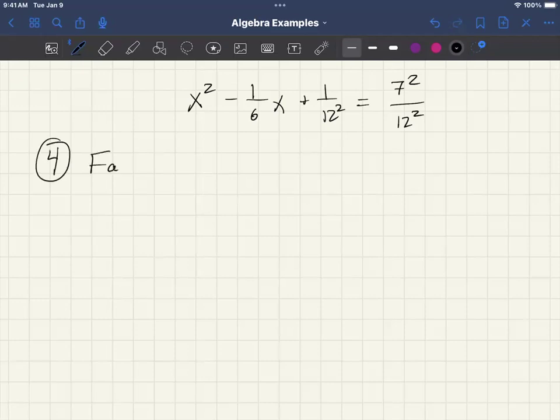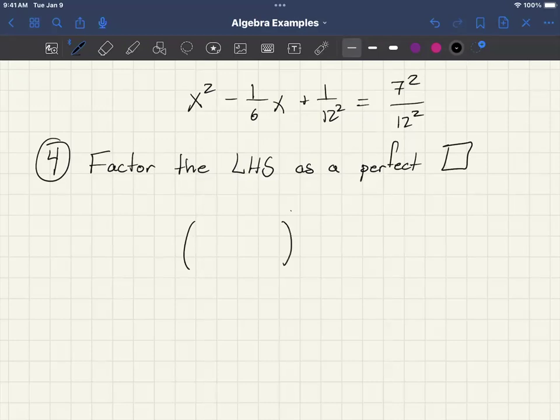At this point, we are going to factor the left-hand side, LHS for left-hand side, as a perfect square. And I'm going to actually draw the box for a square here. Sorry about that. So we have as a perfect square. When we have a perfect square, that means that we have the same thing times itself.